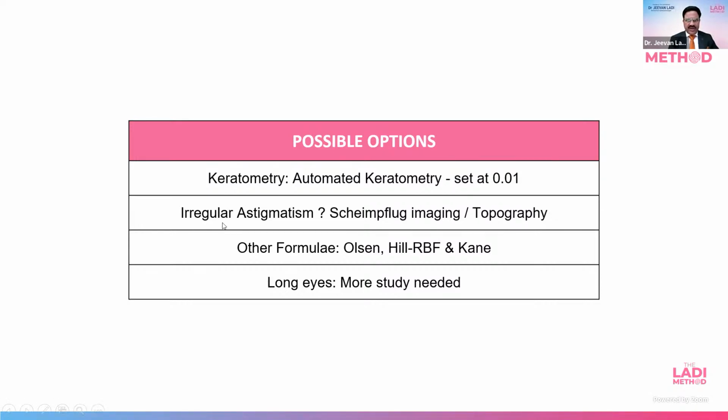Only in case of irregular astigmatism do you need to use either topography or Scheimpflug imaging, which gives a complete scan of the anterior segment. Other formulas like Olsen, Hill, RBF, and Kane have not been used in the study, which one can use. And for longer eyes, as we said before, more study with a larger number is required.